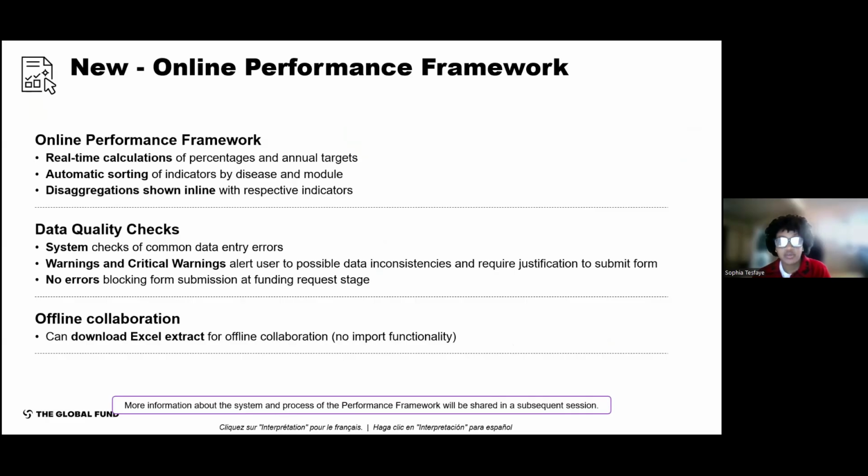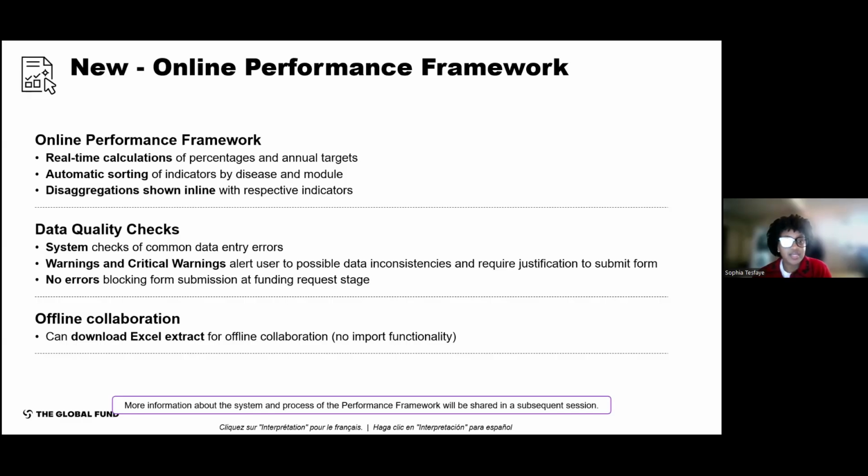Disaggregations, instead of being shown on separate tabs, will be shown in line with their respective indicators. We've integrated data quality checks into the system where it'll check for common data entry errors. Warnings and critical warnings will alert the user to possible data inconsistencies and require justification to submit the form. However, there will be no blockers to form submission at the funding request stage.